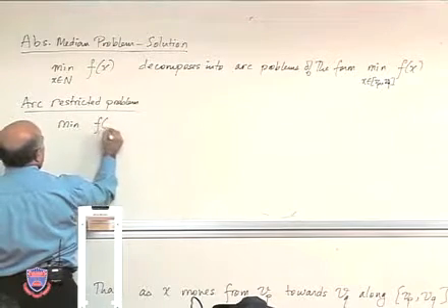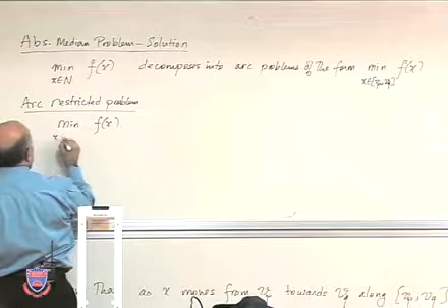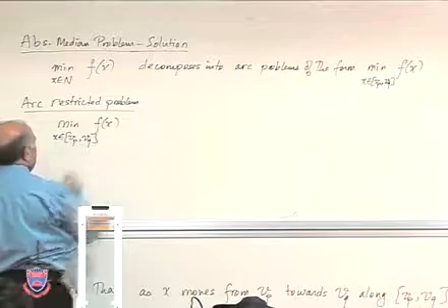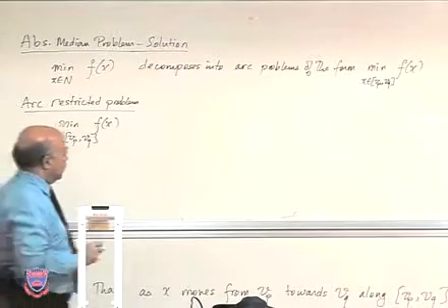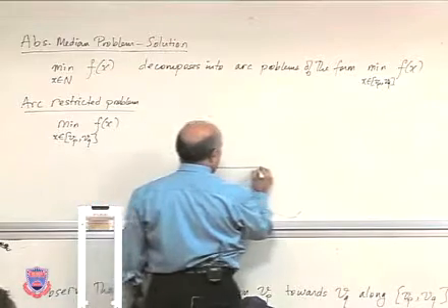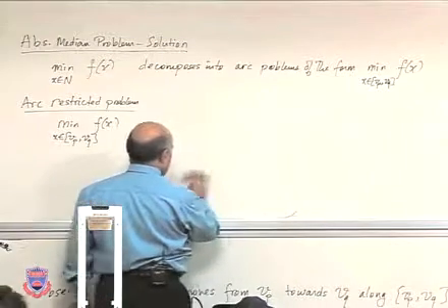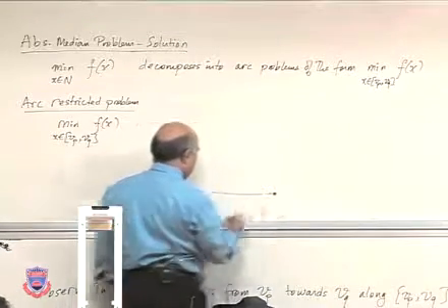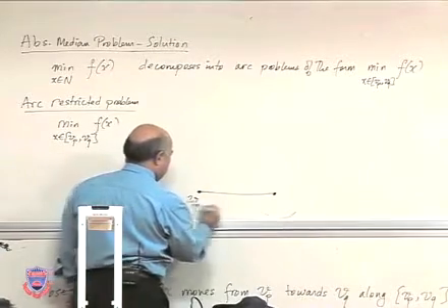Minimize the function f in the arc Vp, Vq. That's my arc-restricted problem. Now I'm going to draw a picture for you again, which makes life very easy. This is my arc Vp, Vq.